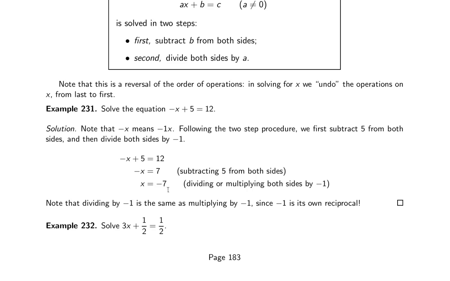If you're in any doubt, try 7 in the original equation, and you see it doesn't work. Negative 2 equals 12 is false. But if you put in negative 7 for x, then minus negative 7 plus 5, well, minus negative 7, that's 7.